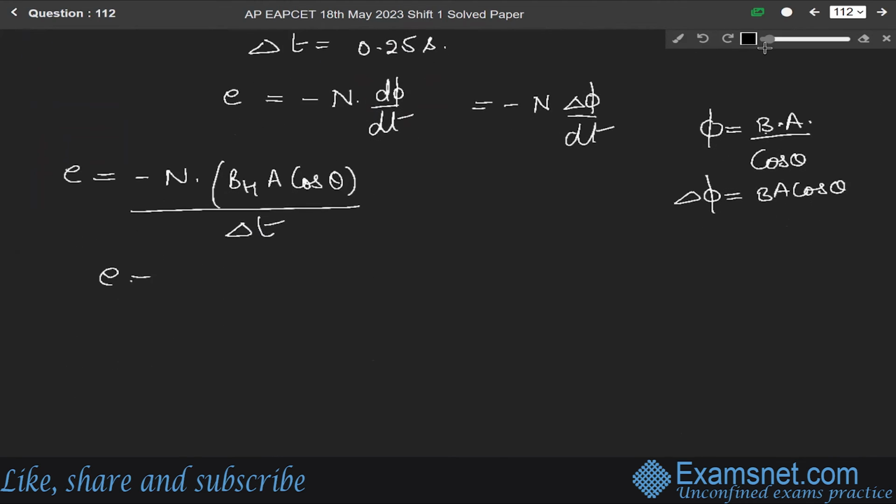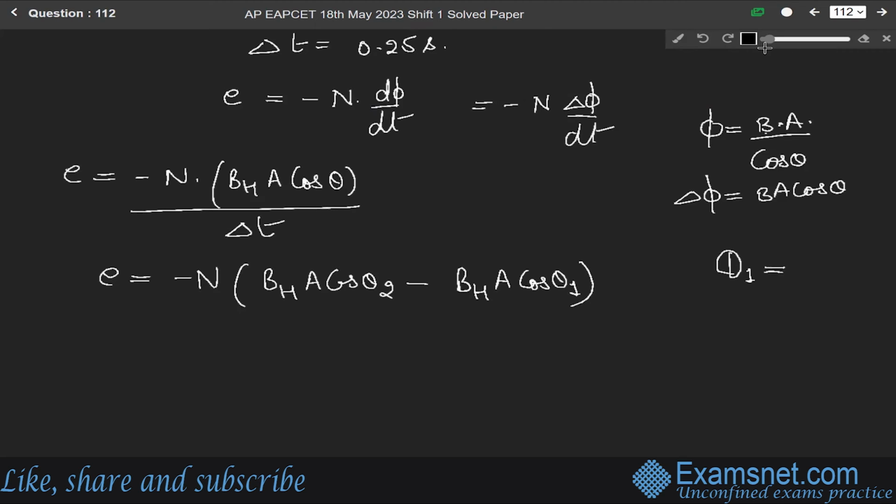So we can write EMF as minus N times BA cos theta 2 minus BA cos theta 1. Initially, theta 1 is given as 0 degree, and after that, theta 2 is given as 180 degree according to the question. So just put the values here and we will get our desired answer.